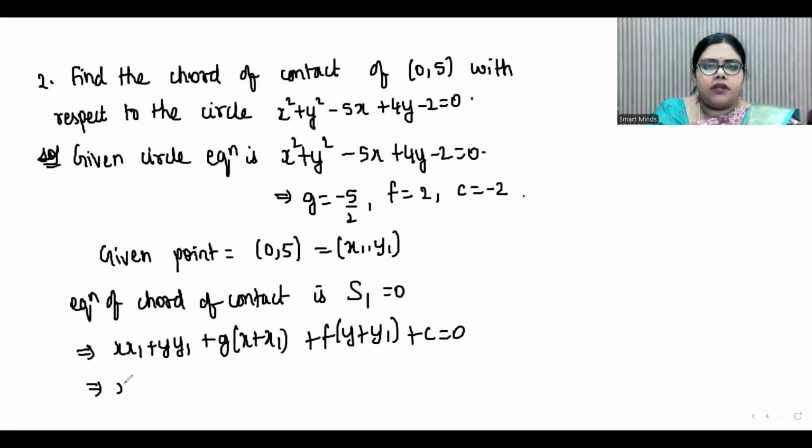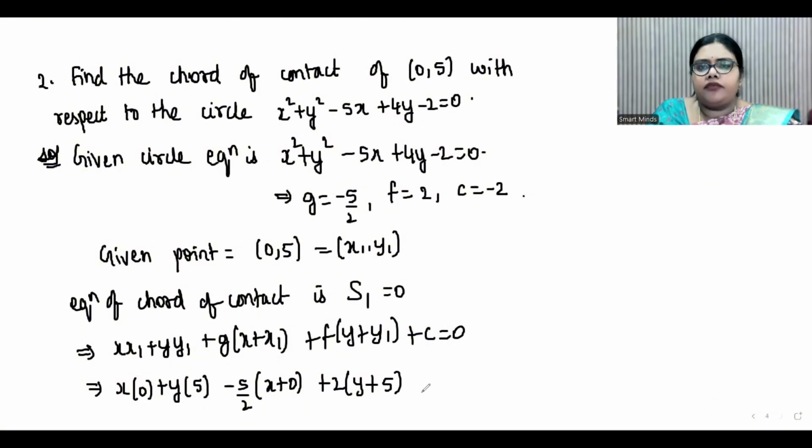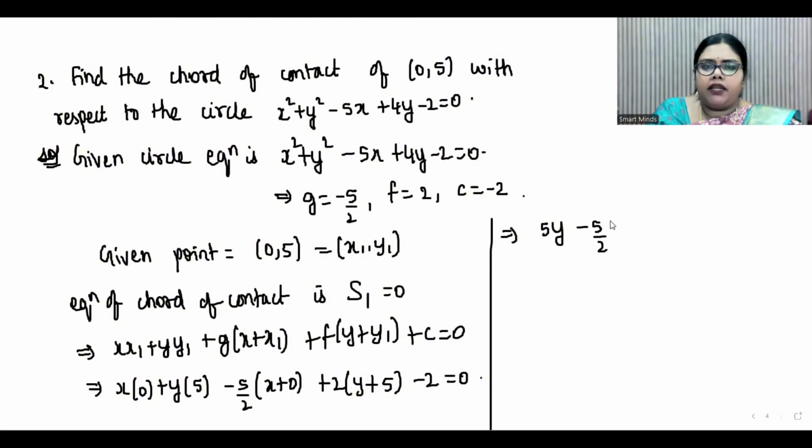Now we substitute x into 0 plus y into 5, plus g, which is minus 5 by 2, into (x plus 0), plus 2 into (y plus 5), minus 2 is equal to 0. Now anything into 0 will become 0. So that is 5y minus 5x by 2 plus 2y plus 10 minus 2 is 0.